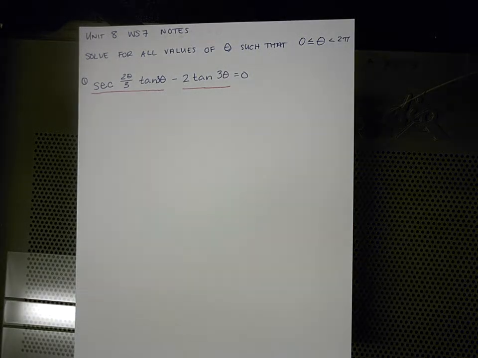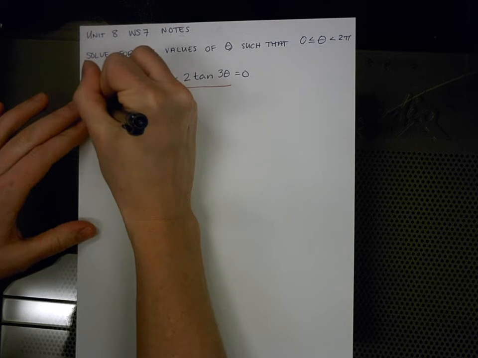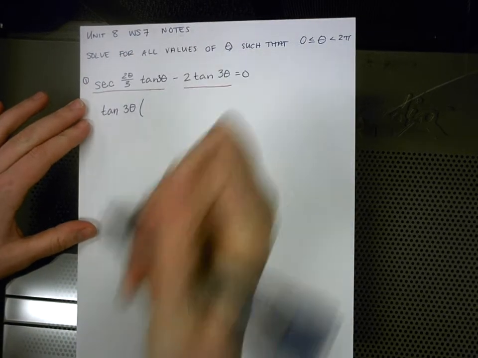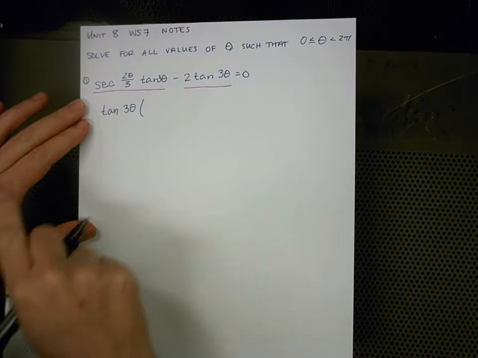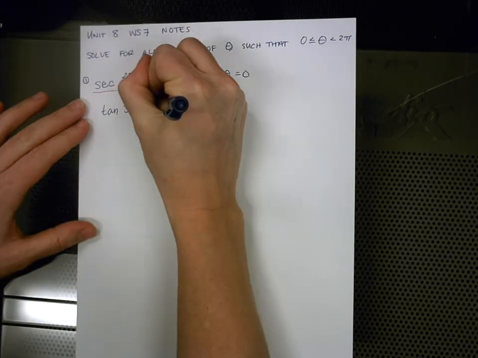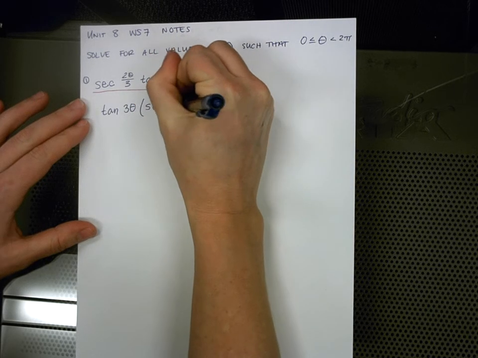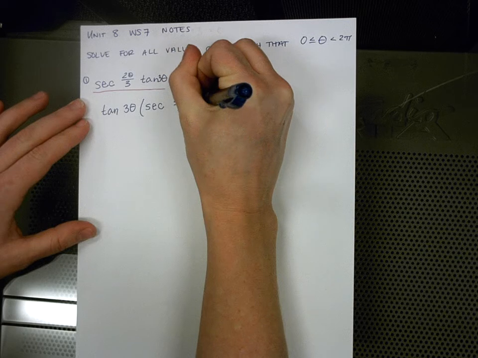So I'm going to go ahead and factor out that tangent of 3 theta to the front. And that leaves me with secant of 2 theta over 3 minus 2.